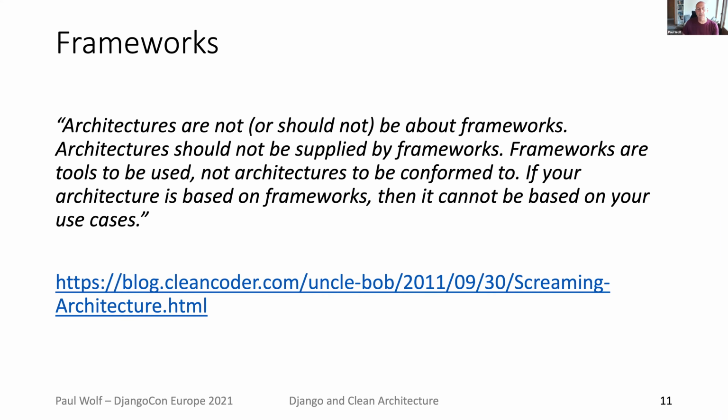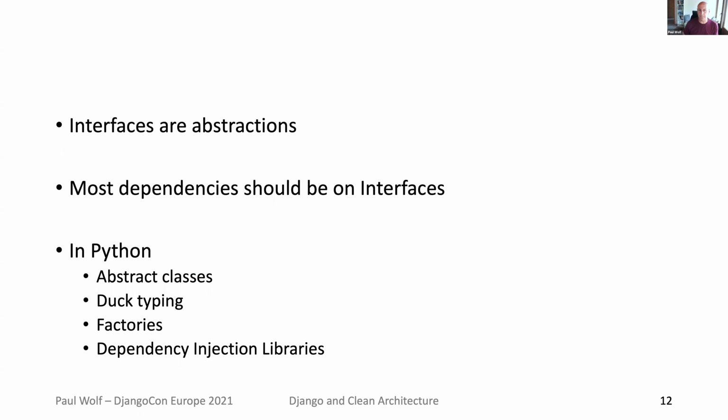Another thing that he says very clearly, even though this quote is taken from a different source than the Clean Architecture book, it's something that he does refer to very frequently. Architectures are not about frameworks, and they should not be supplied by frameworks. So your Django framework design is not your application design, and that's a very important point that is essential to clean architectures.